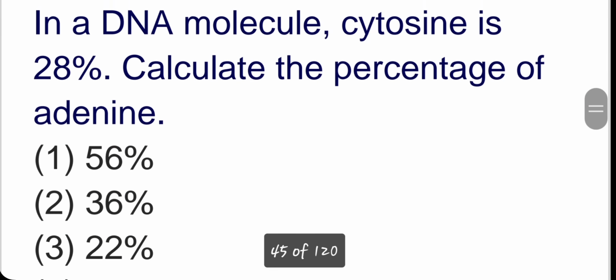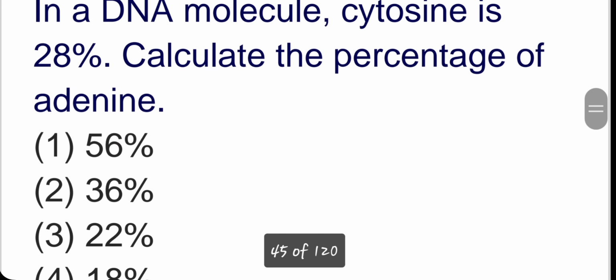In a DNA molecule, cytosine is 28%. If cytosine is 28%, the complementary of cytosine is G, which is also going to be 28%. 28 plus 28 is going to be 56%. So the remaining will be 44%.